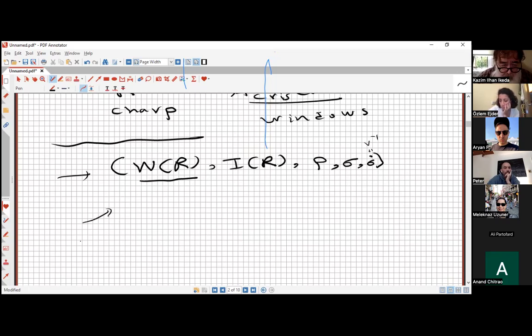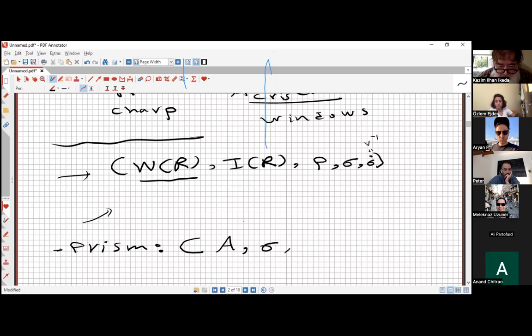This is done by Bhatt and Scholze in the theory of prismatic cohomology. Let me recall the definition of a prism. A prism is a ring A with a Frobenius, more precisely a delta structure, but I don't want to go into those details.